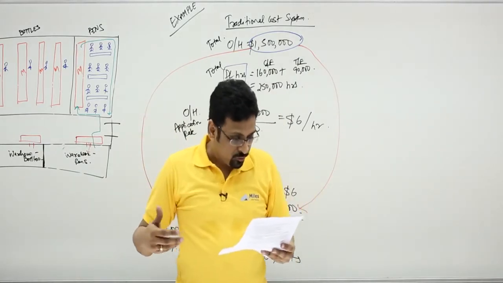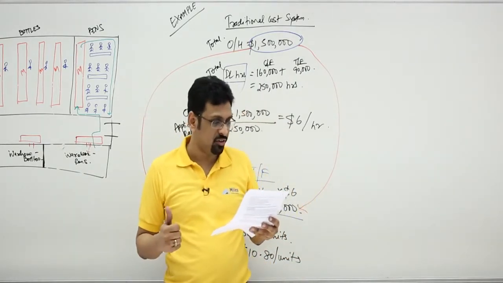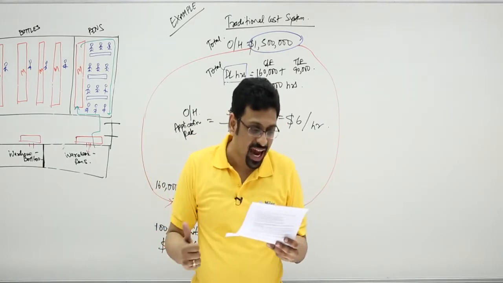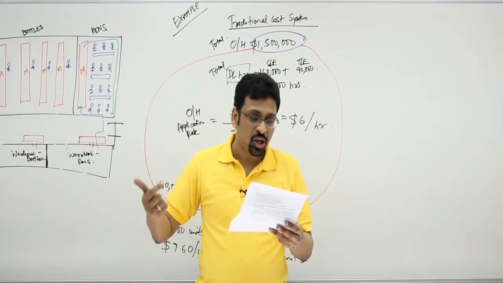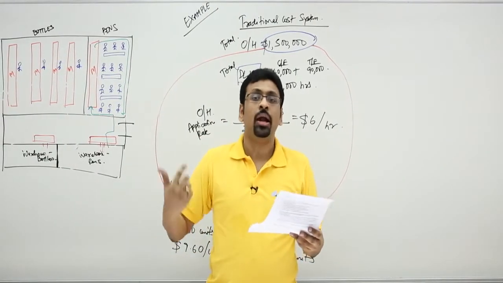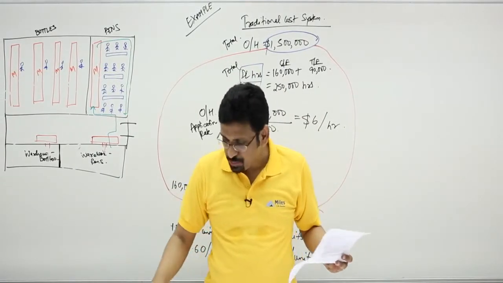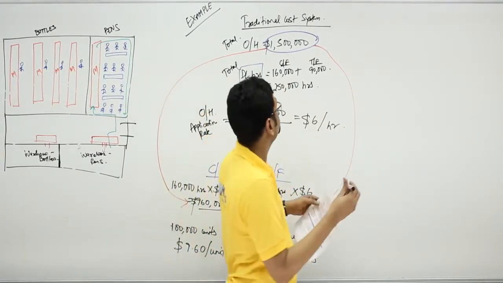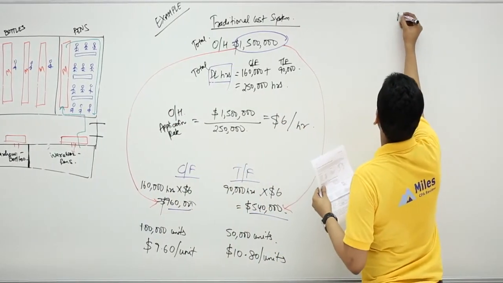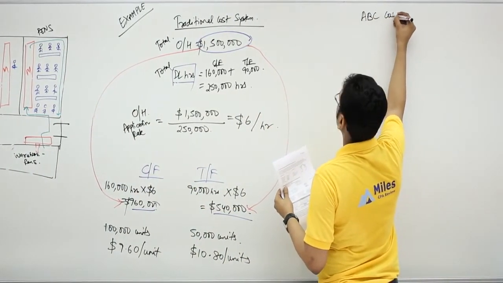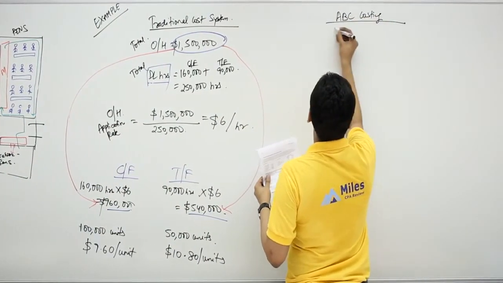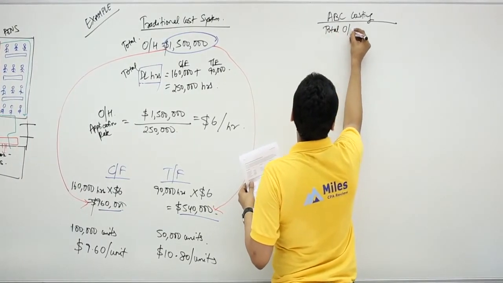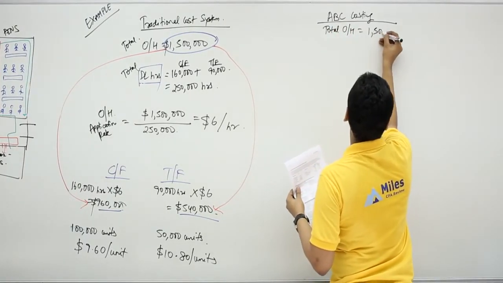So you have 4 activity centers that we have here. You've got a material handling activity center, production orders, product redesign, and plant utilities. So let's put the numbers in here together. ABC costing. You have total overhead of 1.5 million.